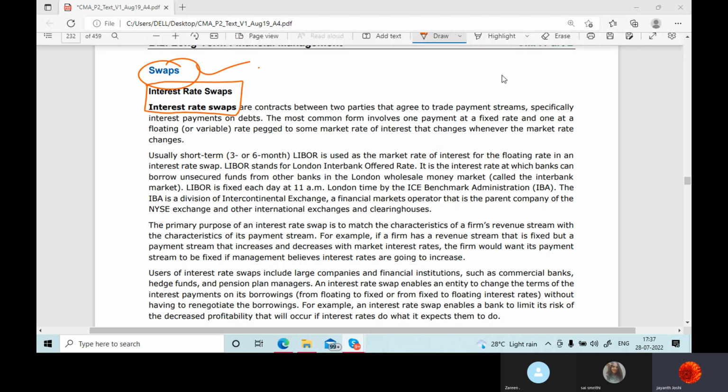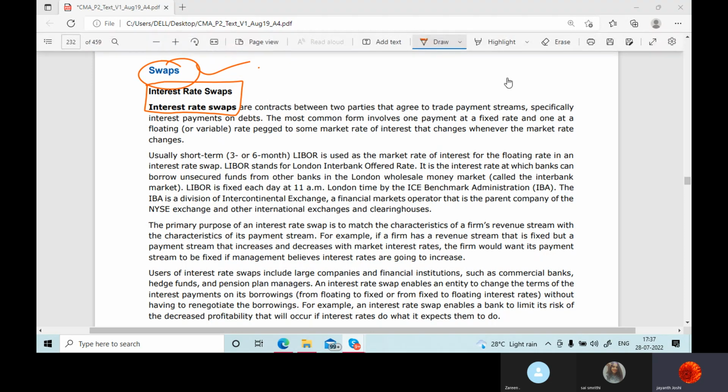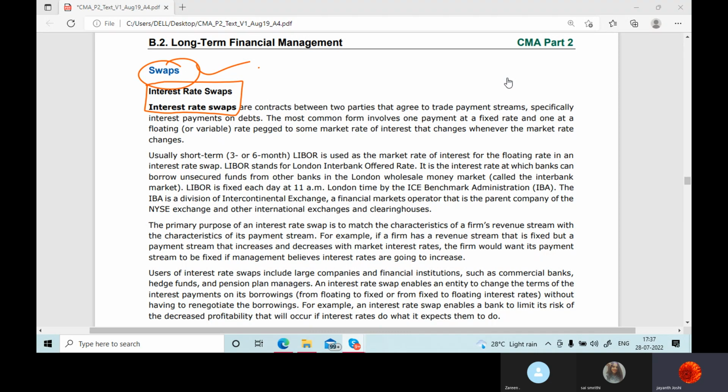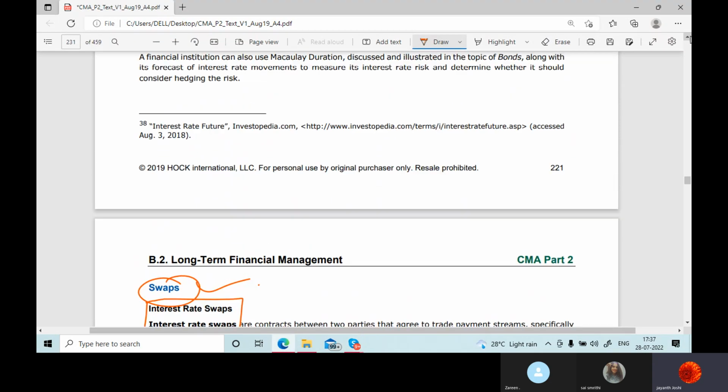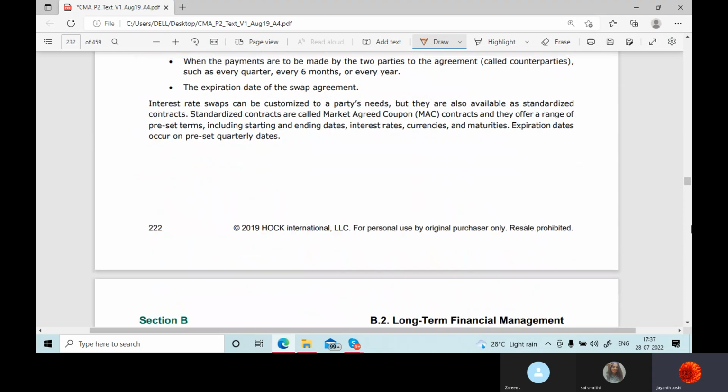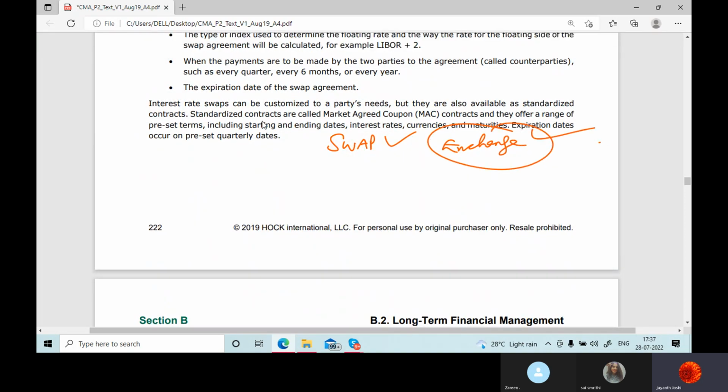So let's understand about the swap. First, what is a swap? See, swap means exchange. What kind of exchange? You have heard about marriage bureaus. What do marriage bureau people do?